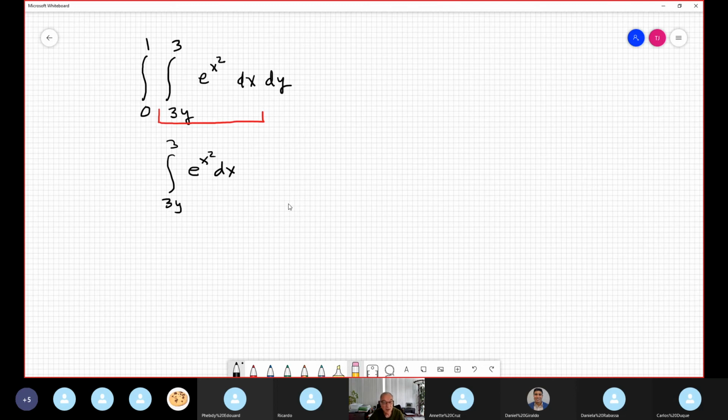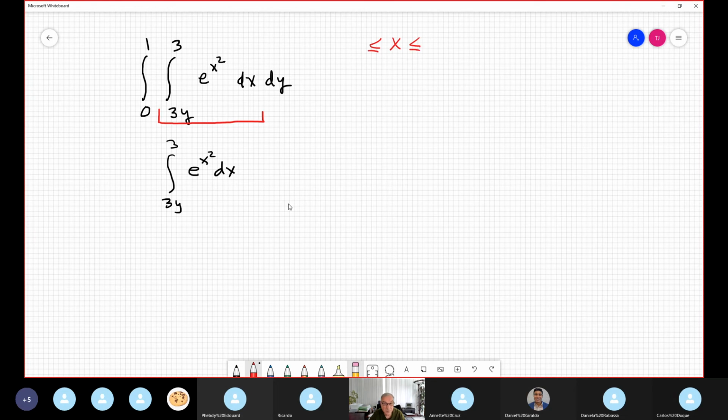So the region, I need to understand the region. This is important, because some people set up this integral with integration with respect to x first, and x goes from something to something.